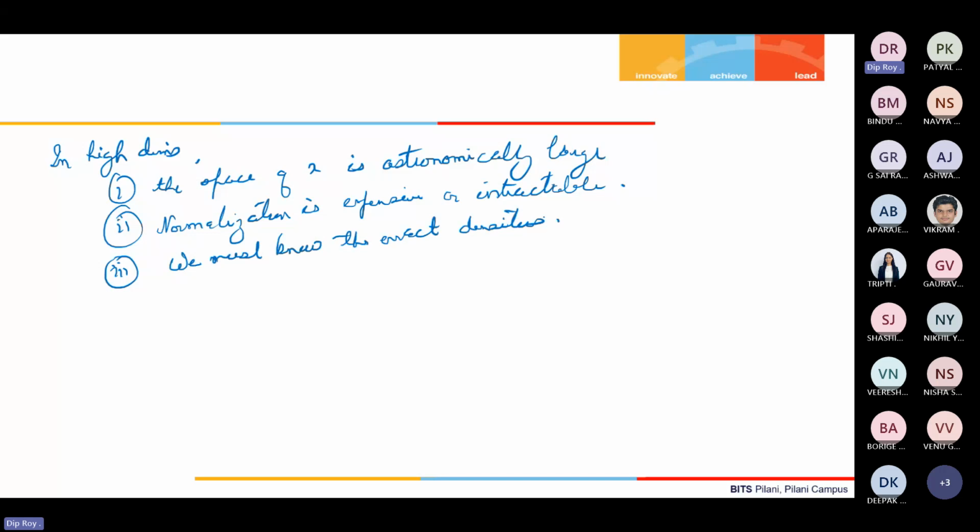Okay. What is the meaning of the third point? The meaning of the third point is that to calculate probability, we must know the exact densities. Even though we may know that x1 is better than x2, to model the distribution, we must know the exact densities.